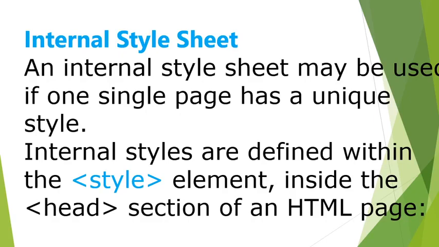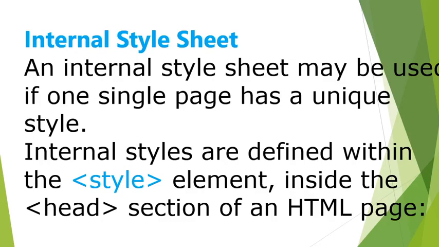An internal style sheet may be used if one single page has a unique style. Internal styles are defined within the style element inside the head section of the HTML page.